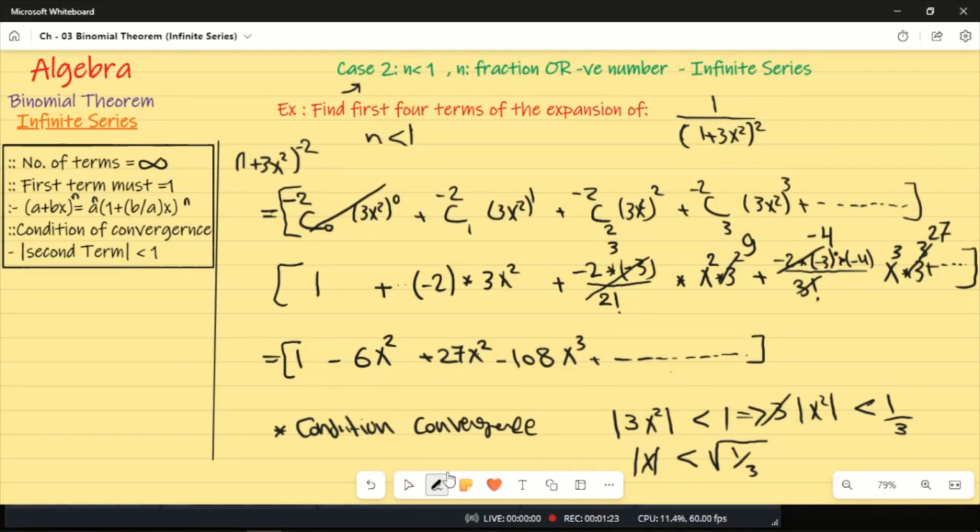Okay, let's move to the second example. Just clear that.